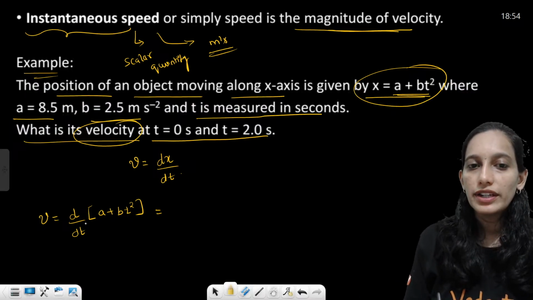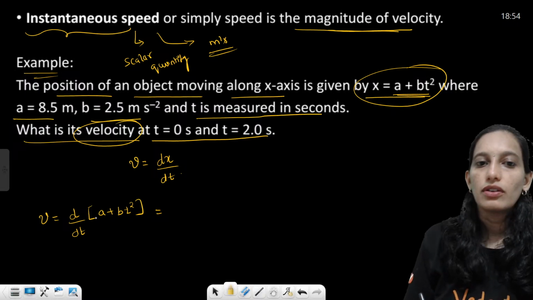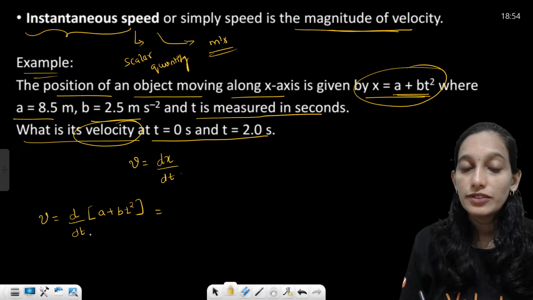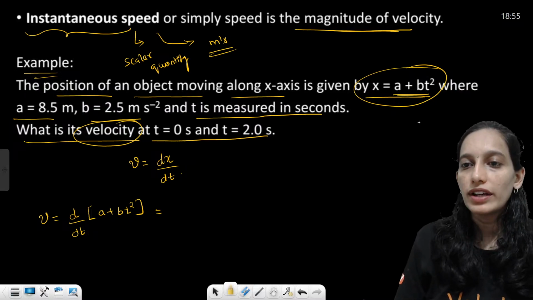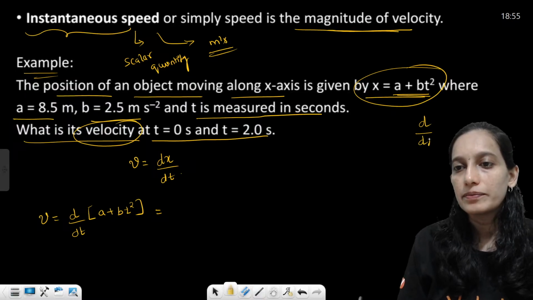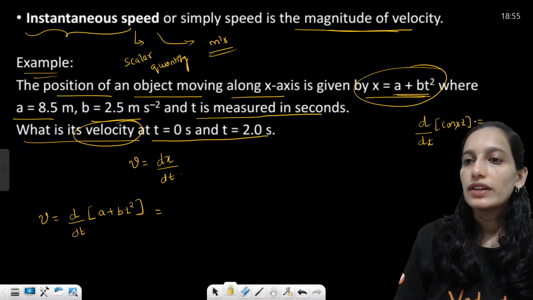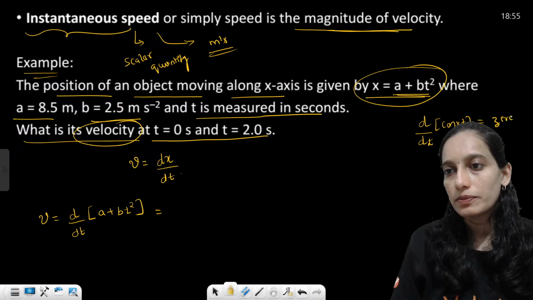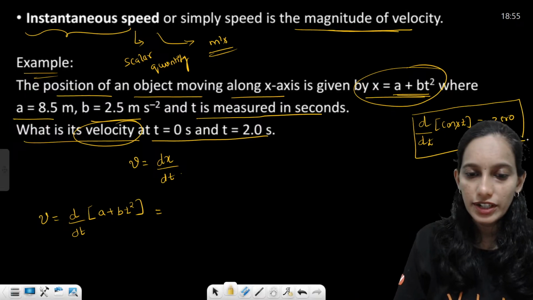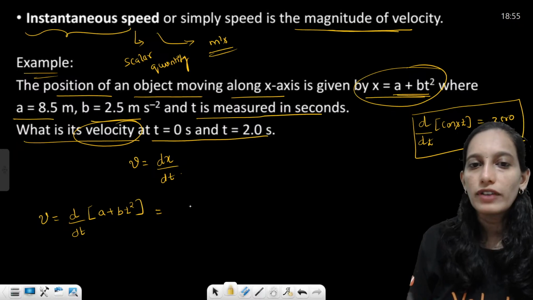Now, what is the differentiation of a with time? Differentiation of a constant is always 0. Please remember, you might have been given some basic formulas of differentiation. If not, I'll keep giving them as we go ahead. So differentiation of a constant is always 0.